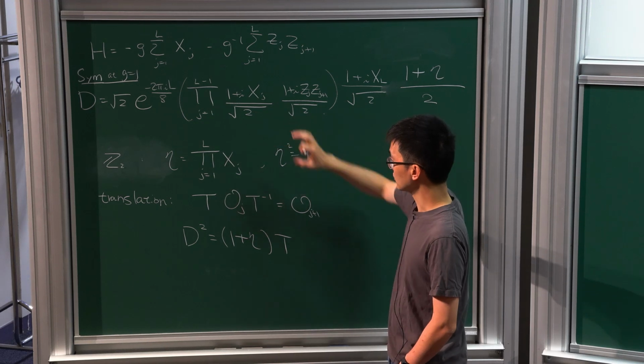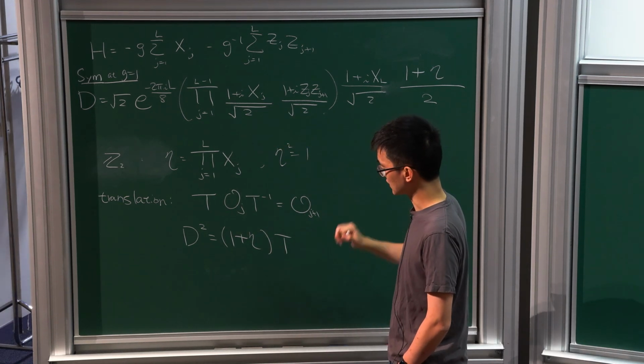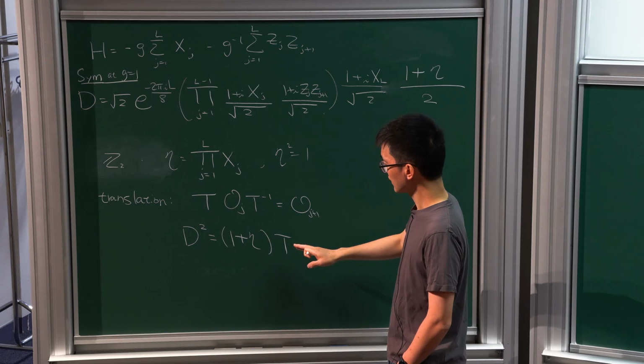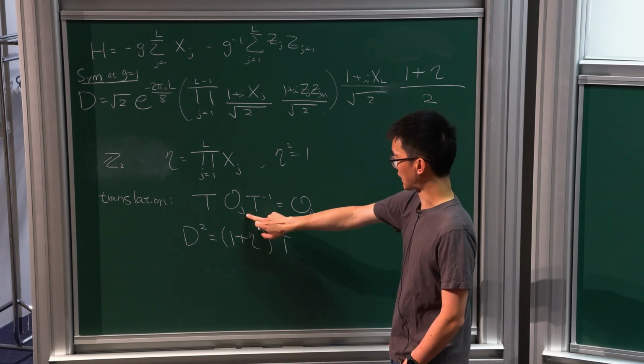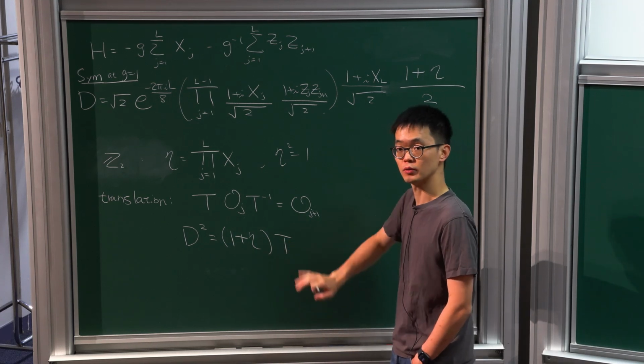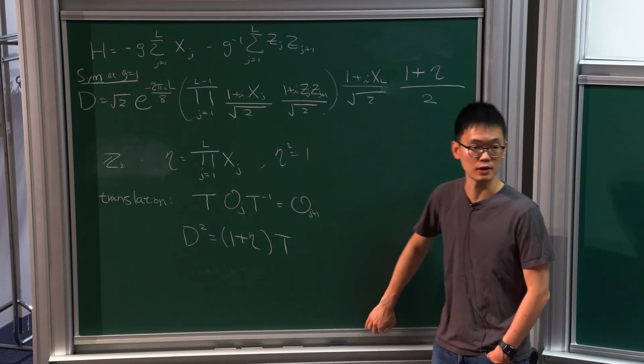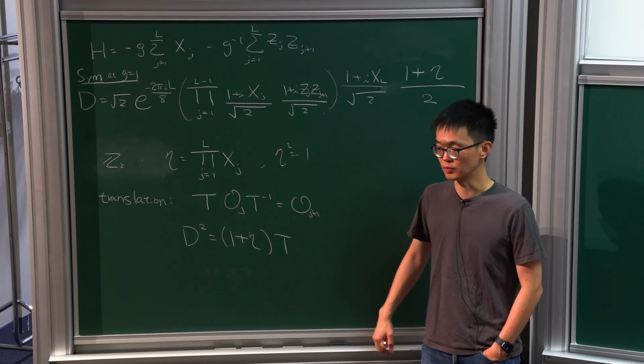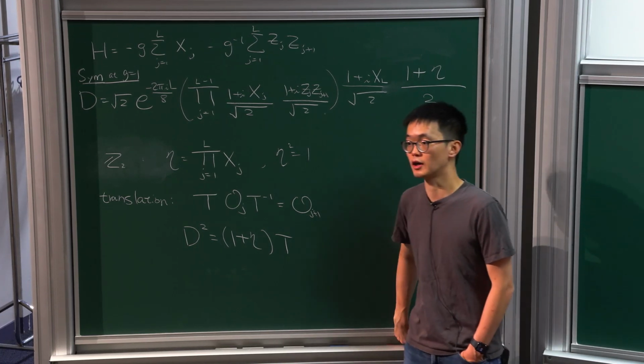As you take the L goes to infinity limit, you are approaching the continuum CFT. In that limit, the lattice translation by one site becomes a trivial operator, meaning that T becomes 1. Then we recover the non-invertible algebra of the Ising conformal field theory, which I think Yifan will talk about in his lectures.